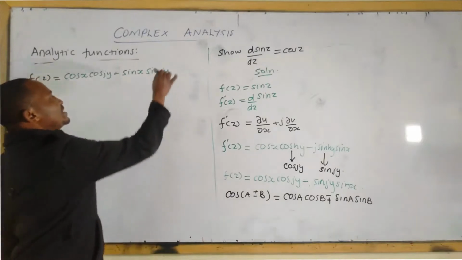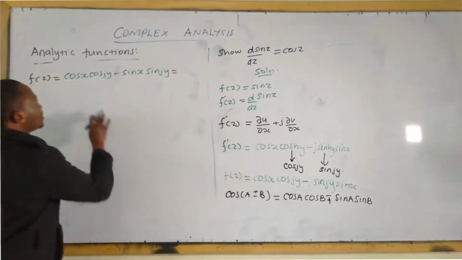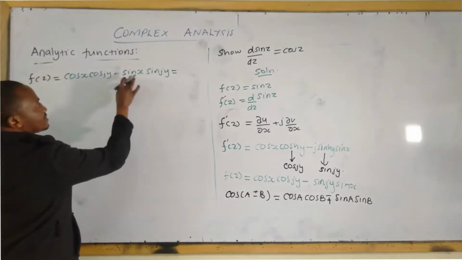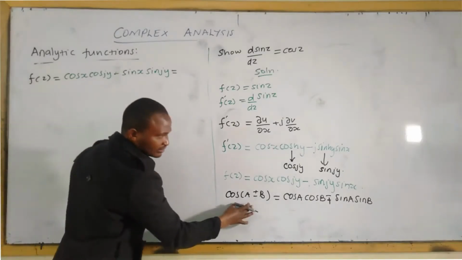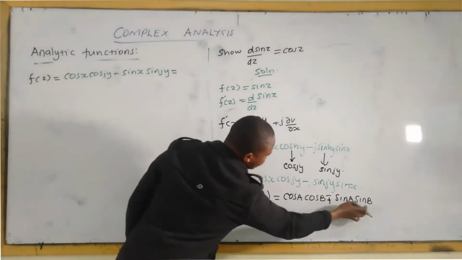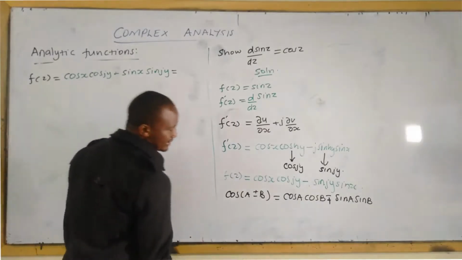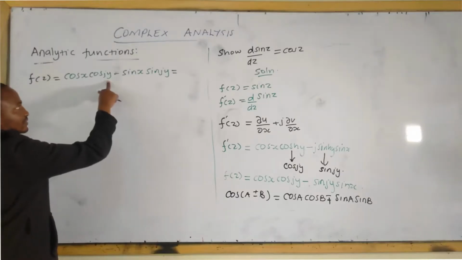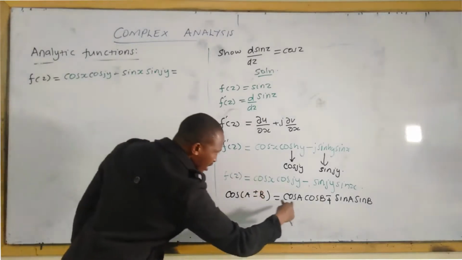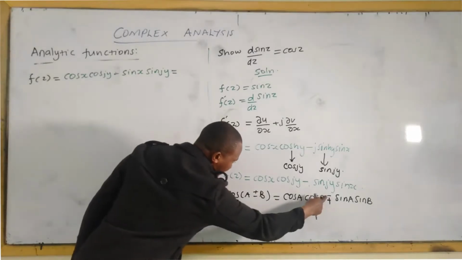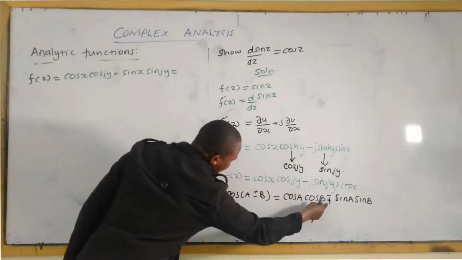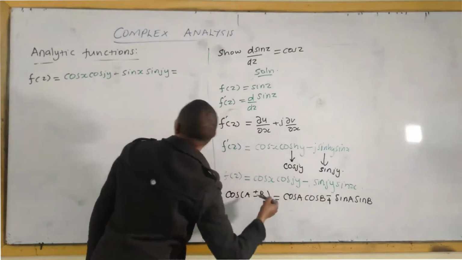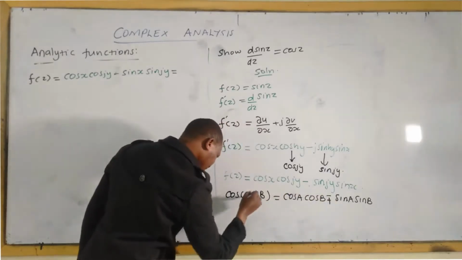There's no problem. This one, you see, A B, sin sin, it agrees with this one. That is A B. Our A is x. Our B is jy. If the sign is negative, it becomes positive. If the sign is positive, it becomes negative. Now we want to represent this in this format.